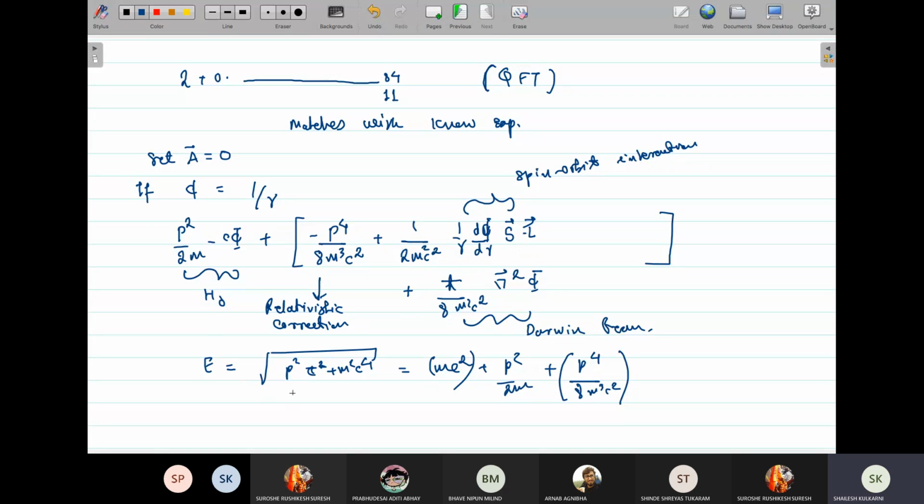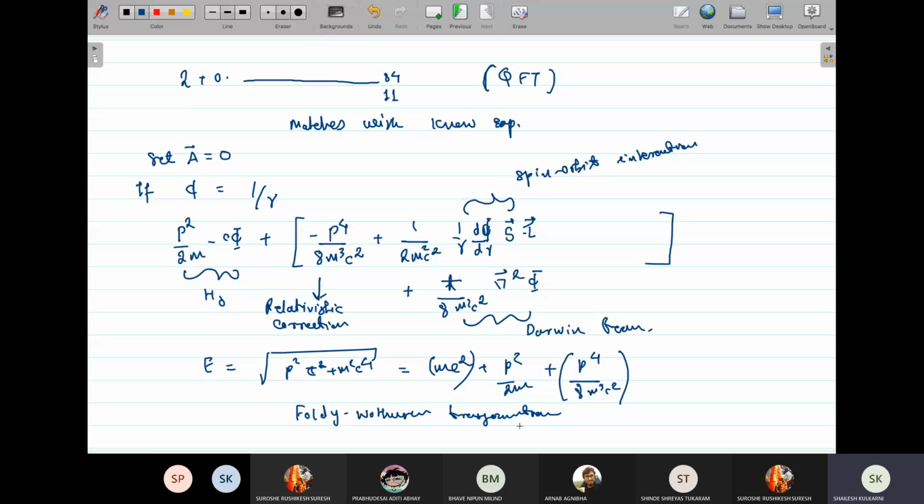It is called the Foldy-Wouthuysen transformation.